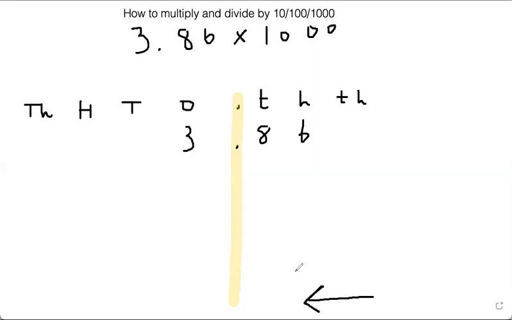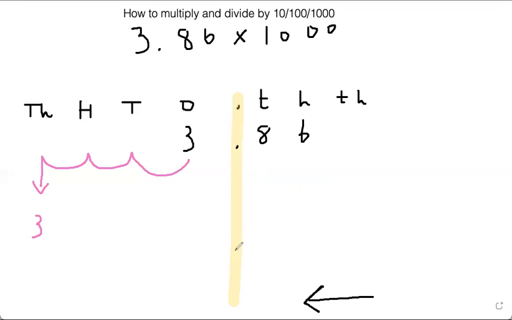Now all you do is simply start with one number and make 3 jumps to the left. 1, 2, 3. So the 3 will fall here. Now we move into the decimal numbers. It is important that no number should jump into the decimal place column, because this isn't a place value position, it is only for decimal numbers.